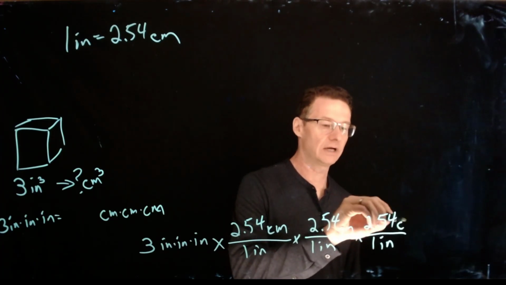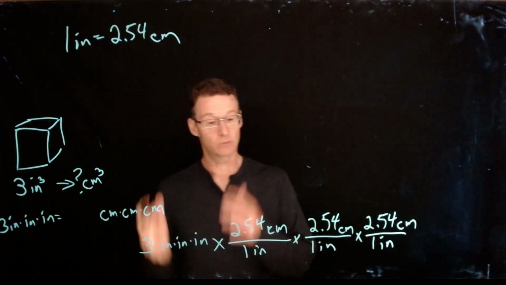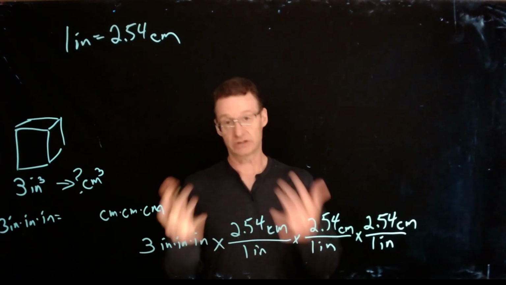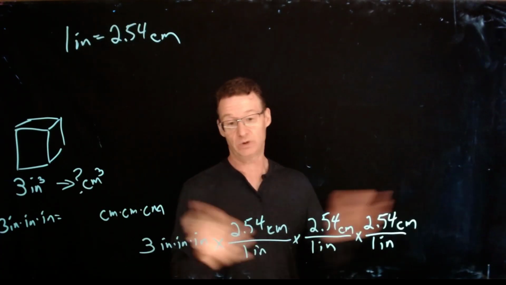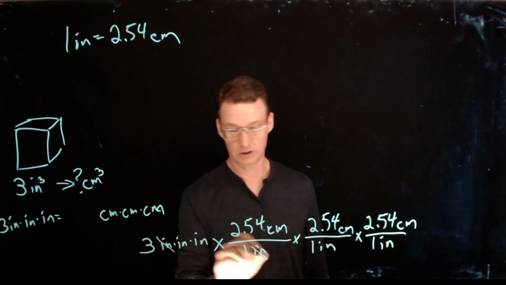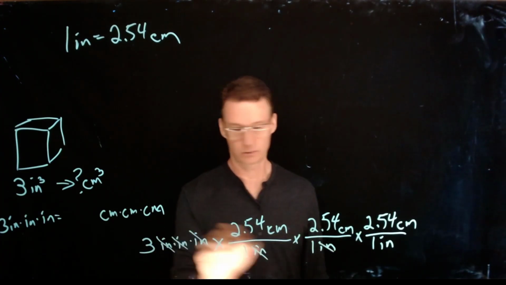Each time we do that, we need to multiply by a conversion factor that has inches and centimeters because we want our answer to be in cubic centimeters. So we've got to get rid of the inches. So this inch goes here, this one here, this one here.